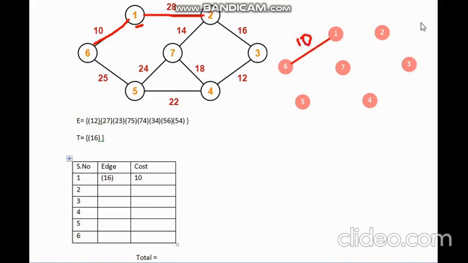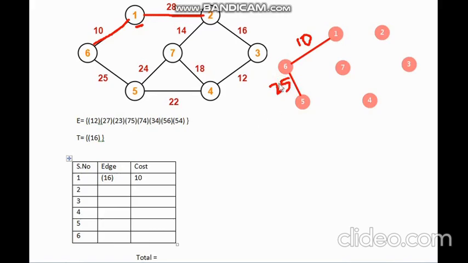Okay, next, from 6 to 5 I have 25, and from 1 to 2 there is 28. Which is the least? 25 is the least, right? So I am choosing 6 to 5, which is 25.